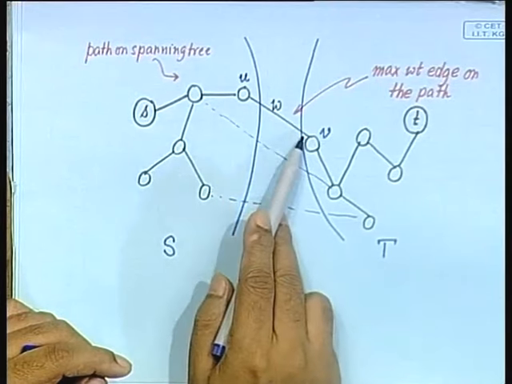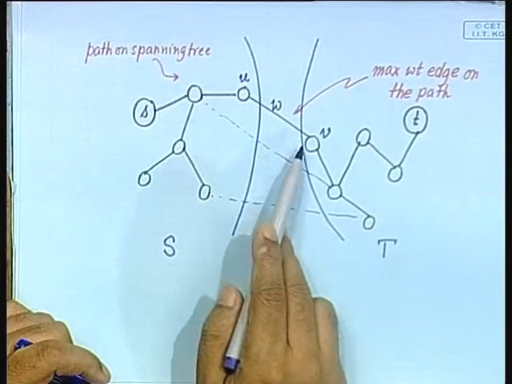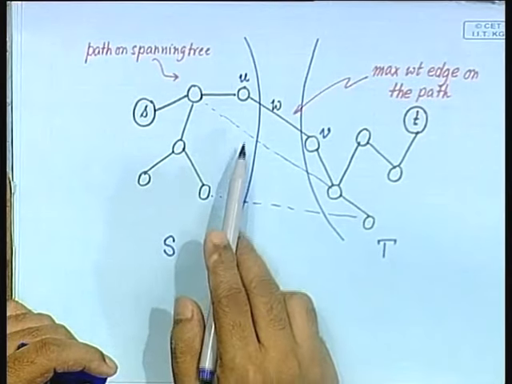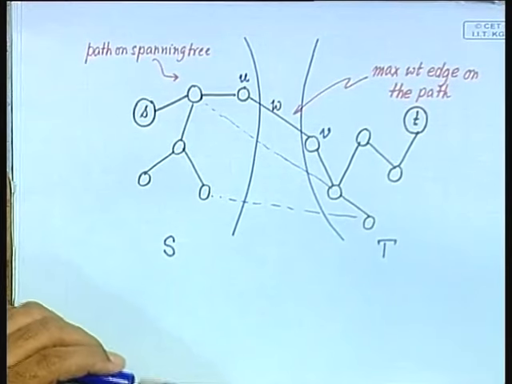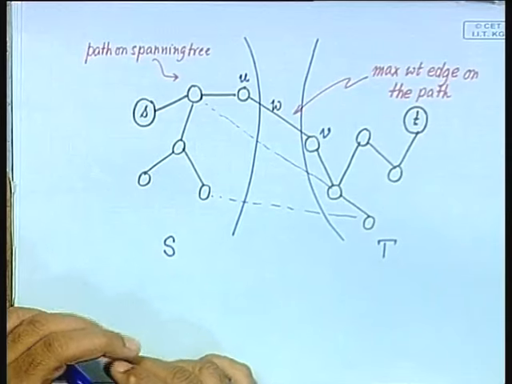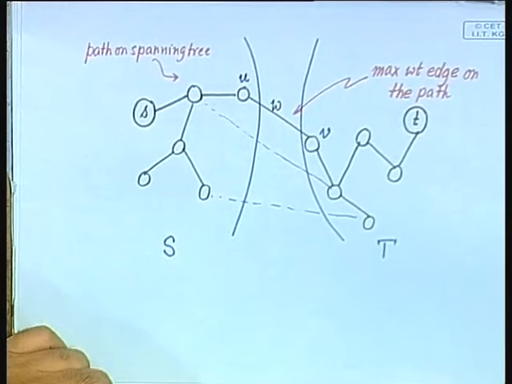Between U and V you can have only one edge, because in a normal graph. Any other edges which are connected from S to T may always have greater weight.